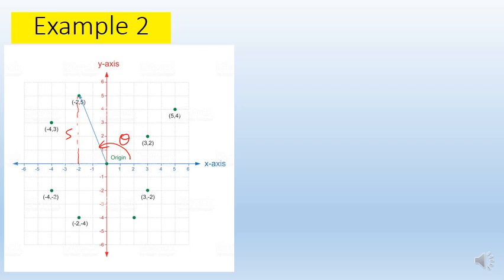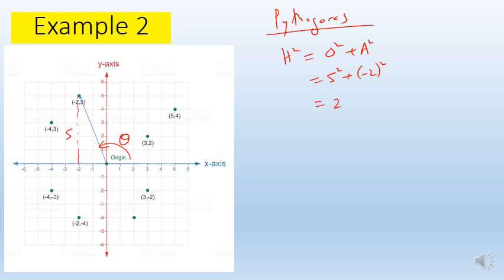So we use old Pythagoras to get the hypotenuse squared. The opposite side is 5 squared, and the adjacent side, now be careful, is not minus 2 but minus 2 all squared. So that's 25 and 4, which gives you 29. So the hypotenuse is root 29.